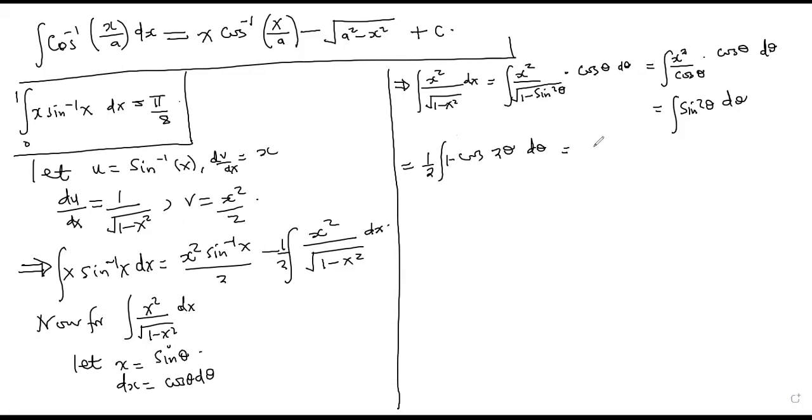When you integrate 1, you get theta. So it is going to be a half theta. When you integrate cos 2 theta, you get a half sine 2 theta. But because of this half, it will be minus a quarter sine 2 theta plus a constant of integration.